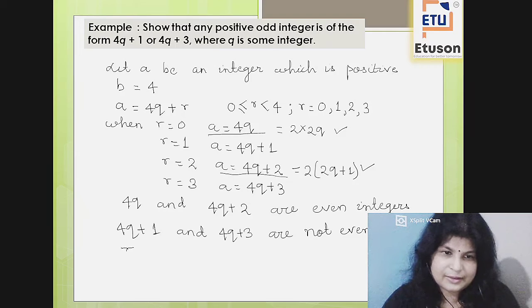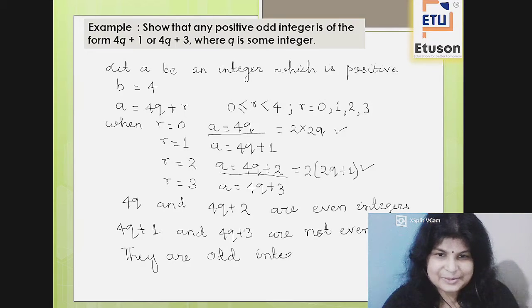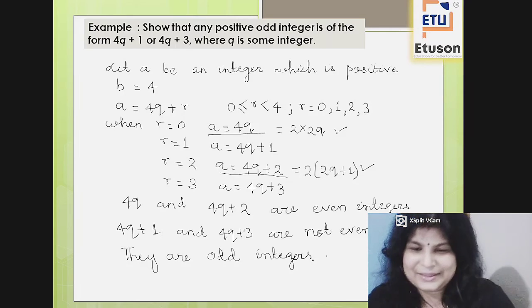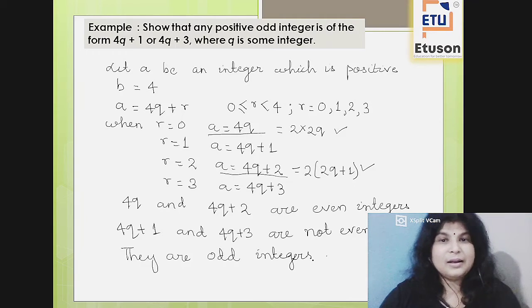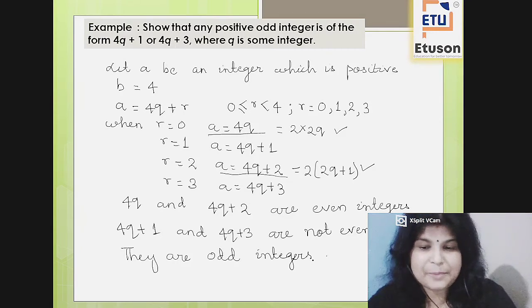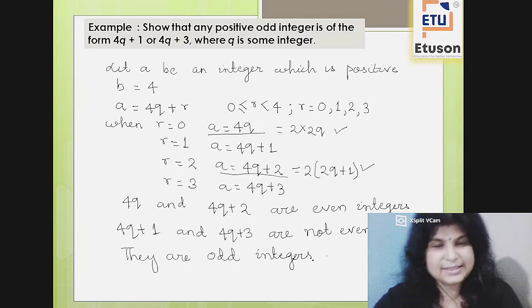They are odd integers. It's quite simple. Correct. So these are some of the typical problems which come in the exam, and there are also some problems like this in your exercise.